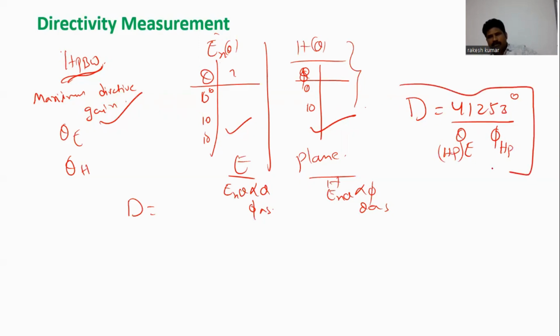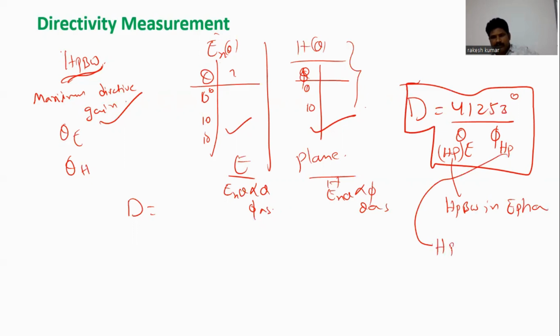So this is the formula for the directivity. This is how we can measure the directivity of an antenna.